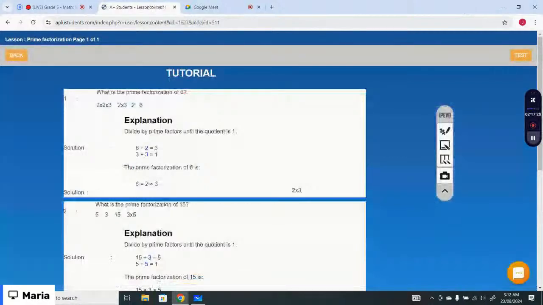Basically, prime factorization means all the numbers that are in the product, all the factors, are prime numbers, right?